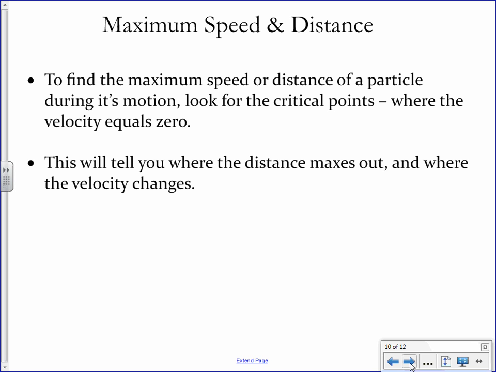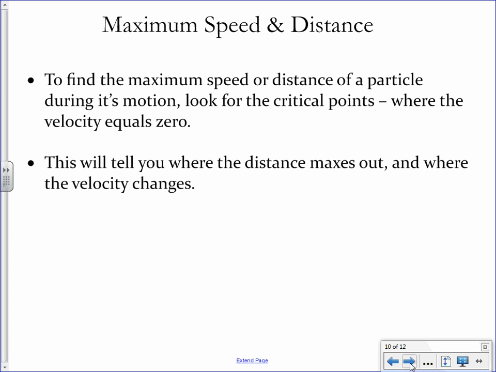So if we're looking for maximum distance, we want to look at the critical points for the derivative of our position, okay? So if I'm looking for maximum distance, I am looking for where our particle changes direction, right?